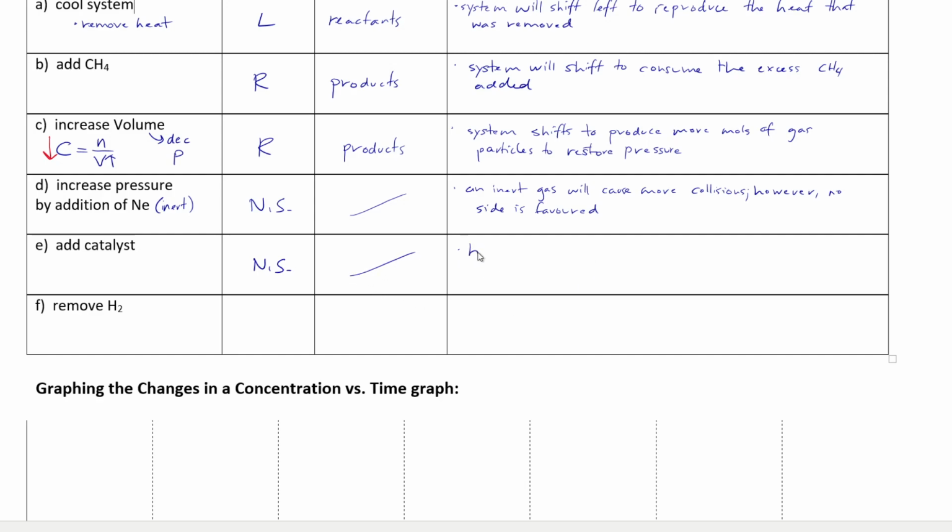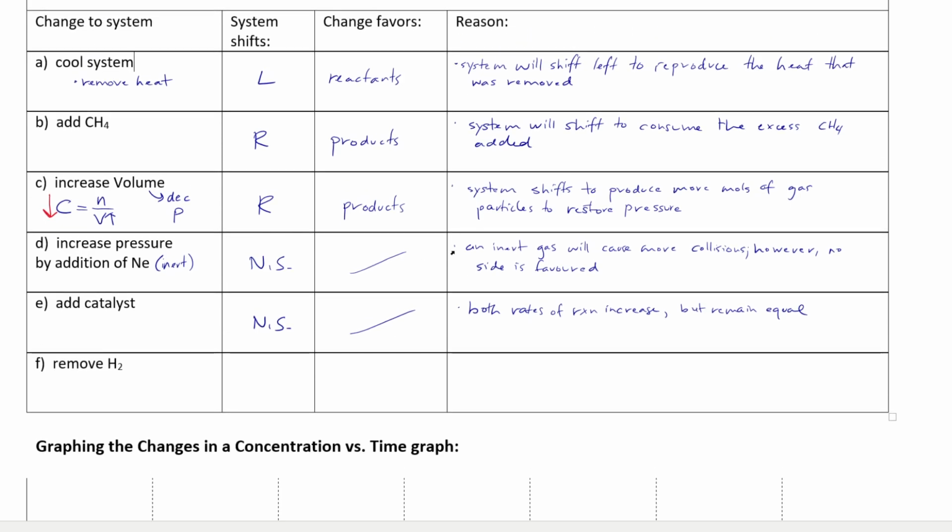That's because both rates of reaction increase but remain equal. So that just means that you're speeding up the rate of reaction in both directions.